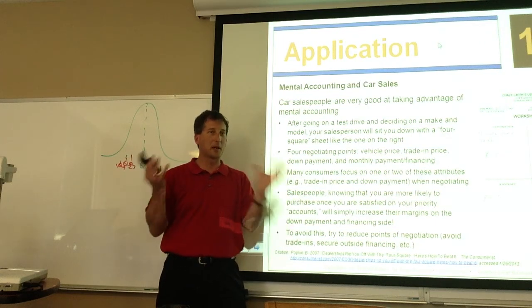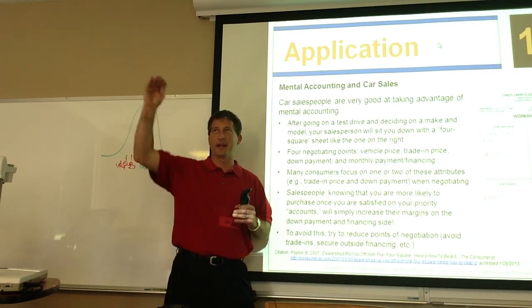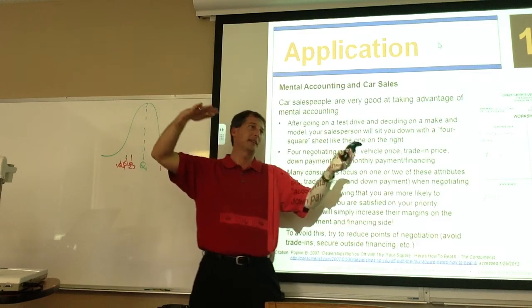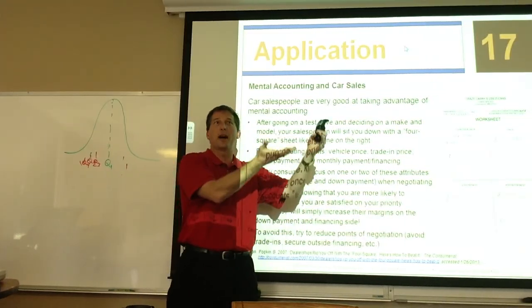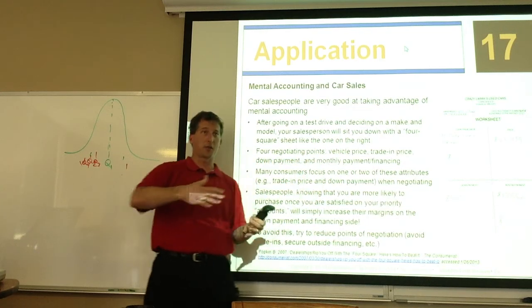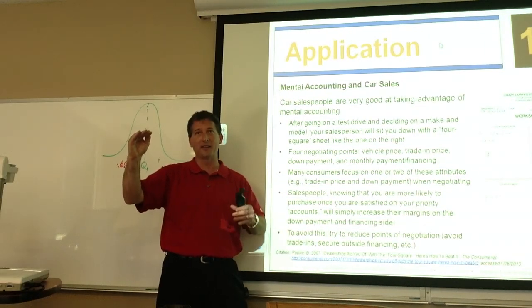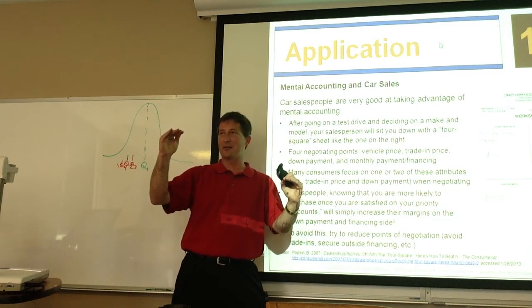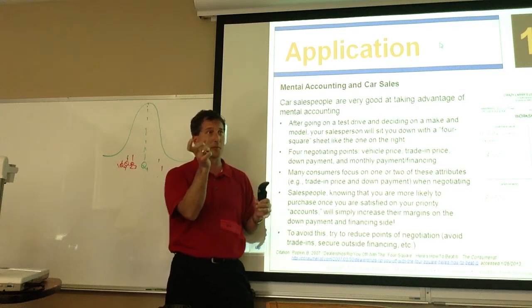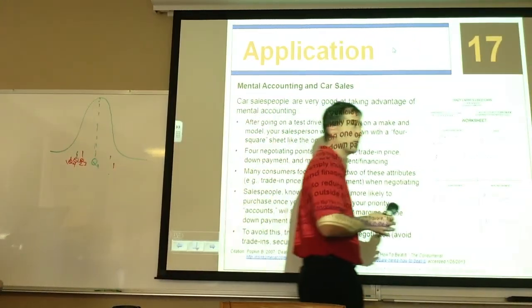Some people come in who don't like to negotiate prices, so the price is fine, and the dealer can get them in by giving them a higher price than they might otherwise give for the trade-in. Other folks come in and want that price to be down, so then we do the trade-in value less, right? Or the interest rate that you might be paying on your loan.